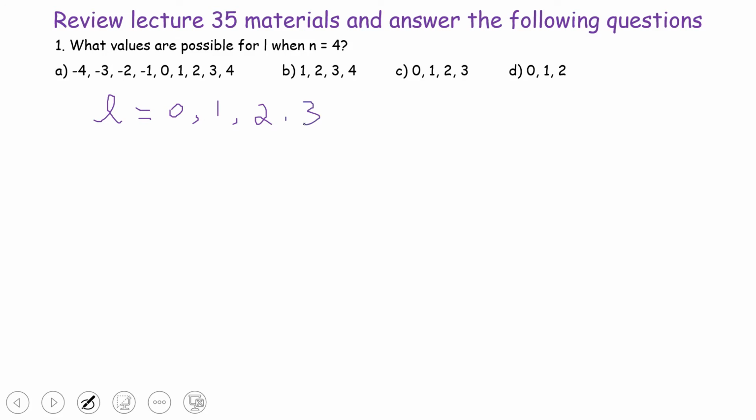Should we keep writing 4? No, because the allowed values for L, the maximum, is n minus 1. N is 4, 4 minus 1 is 3. So therefore, this should be the correct answer, which is C.